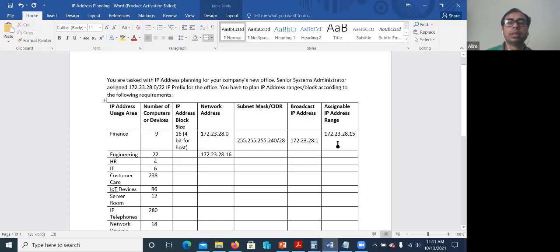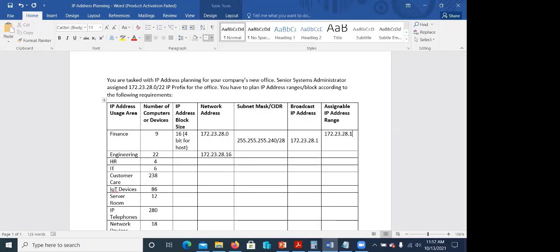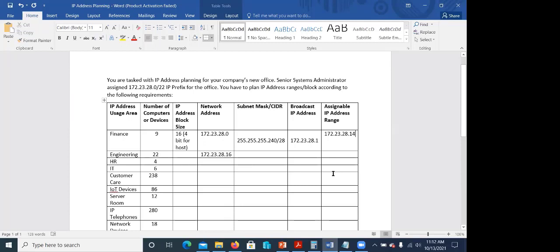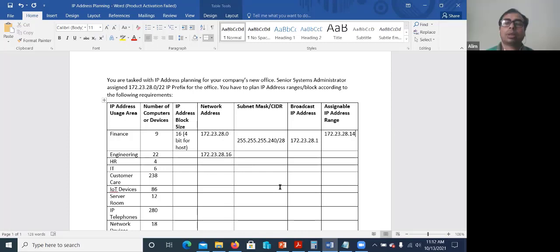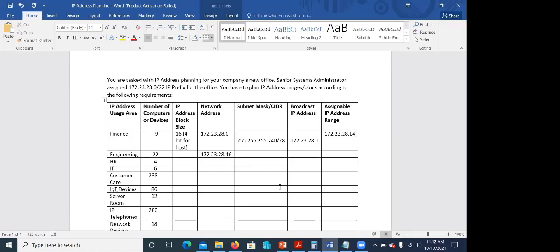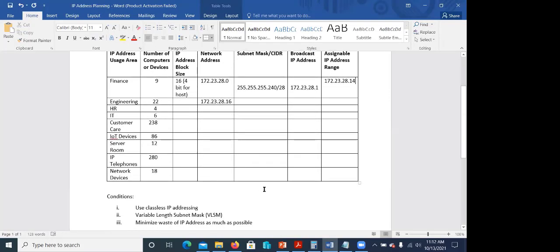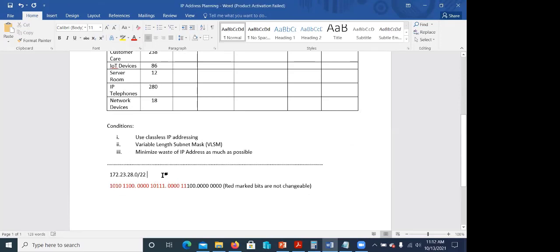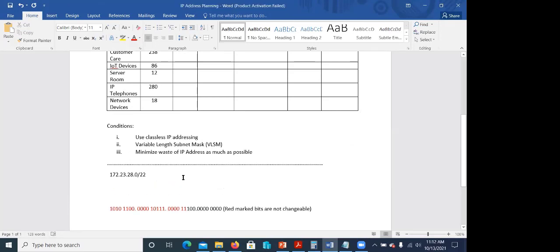Sir, I have one question. Okay, ask. How can you write the assignable IP address range, the 14, like 172.23.28.14? How can I get this 14?